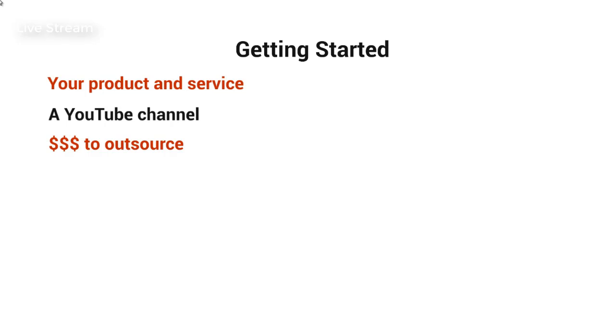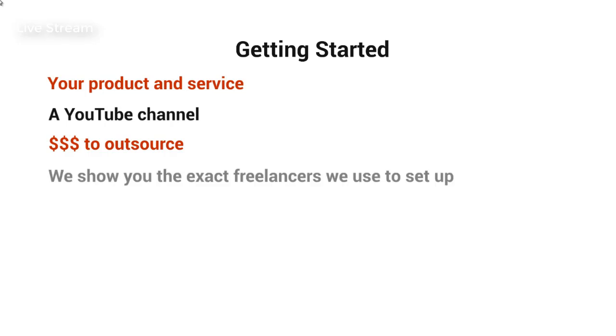At the end of the day, your time is valuable, so I recommend just outsourcing this process. But knowing how everything works will allow you to teach whoever you outsource this to, or you can pick and choose people that we recommend that we have used personally to set things up for you as well.